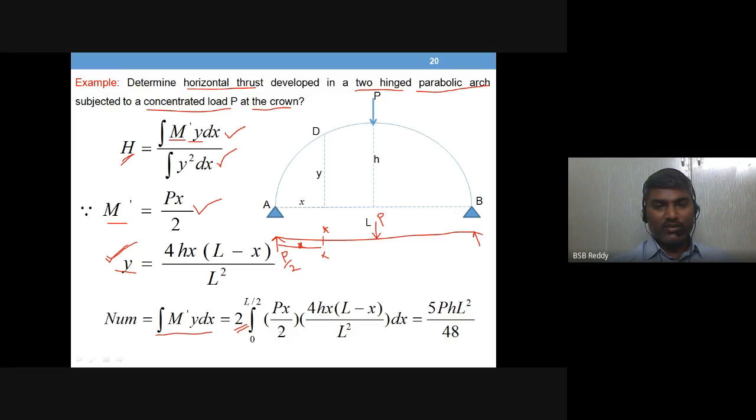So M dash is Px by 2, then y is 4hx (L minus x) by L square dx. If you evaluate this integration and substitute the limits, you will be getting 5PhL square by 48. Let us see how that is evaluated.